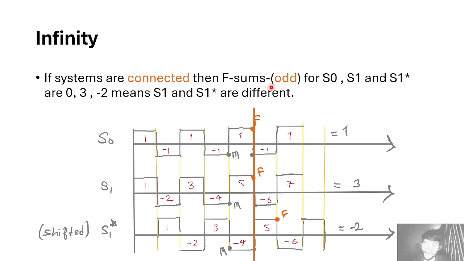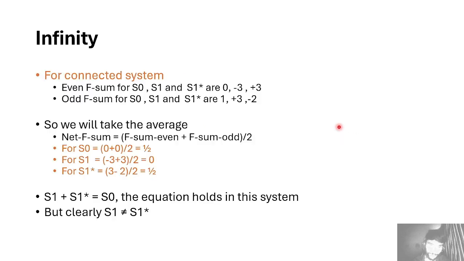Now if the systems are connected, you want to find the f sum odd, right? For S0, S1, and S1 star, we get the f sum 0, 3, -2. Similar procedure: this f marker will be the same for all of them, the m marker will be the same for all of them, and based on that you can calculate the f sum, which turns out to be 1, 3, and -2, right?